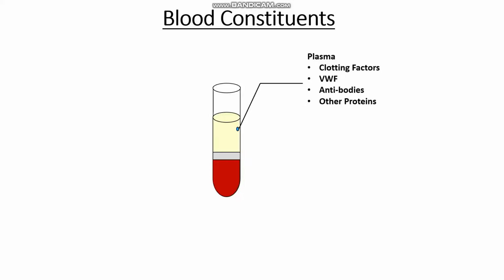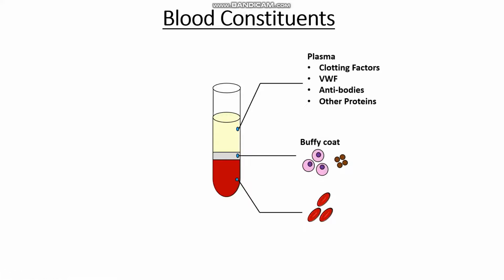In the next layer down, the second densest layer, we have what's known as the buffy coat, this grey layer. Inside of this grey layer, we have things like our white cells and our platelets. And lastly, we have this red layer at the bottom, which mainly contains our erythrocytes, but it may have some white cells distributed inside of it as well.